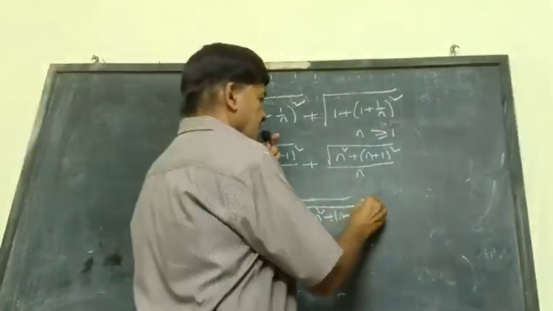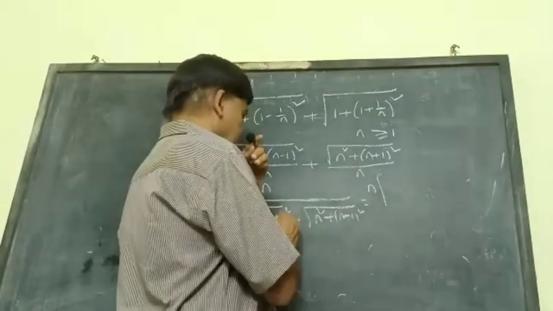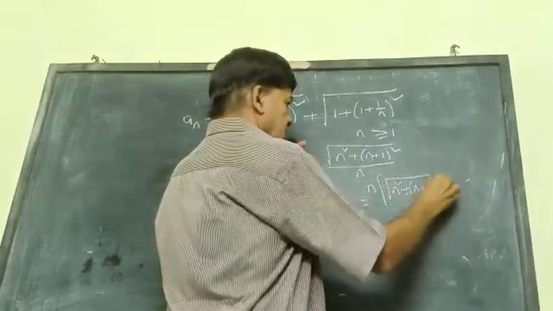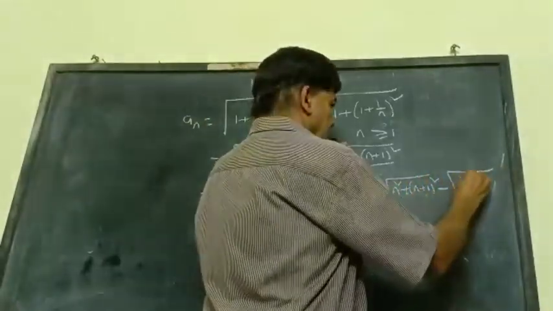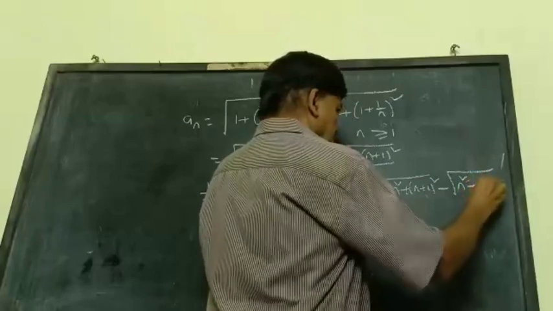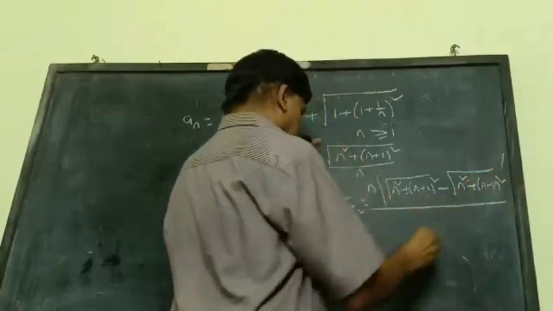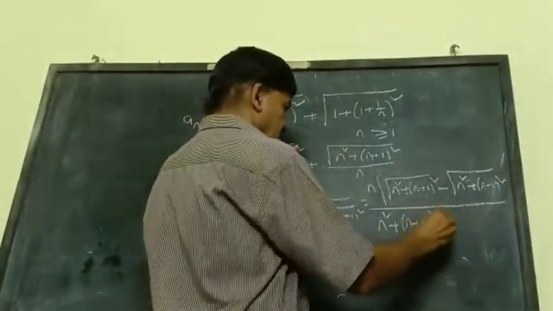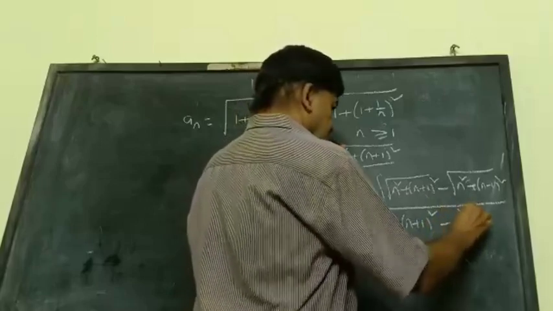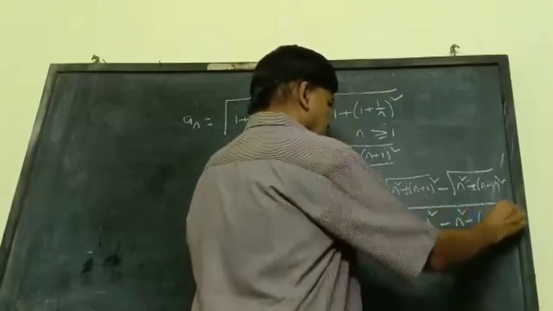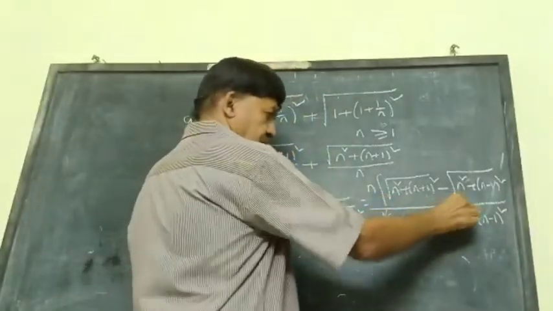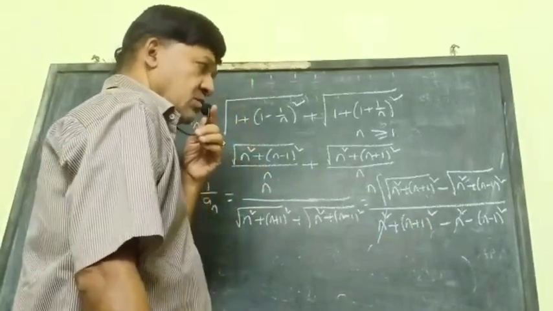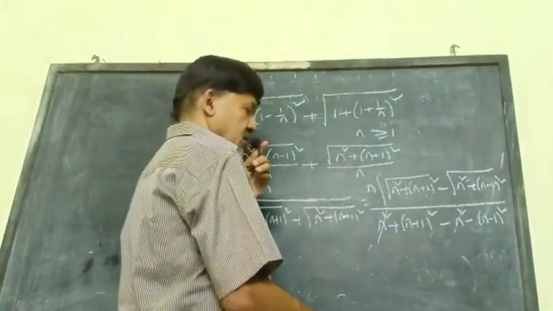When you rationalize, n into square root of (n square plus n plus 1) whole square minus square root of (n square plus n minus 1) whole square, by (n square plus n plus 1) whole square minus (n square plus n minus 1) whole square. These two will go. See, a plus b whole square minus a minus b whole square is what? 4ab.